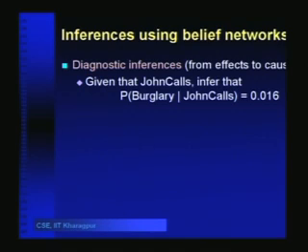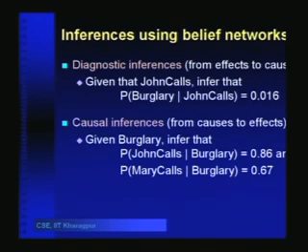For example, given John calls, the probability of burglary given John calls is 0.016. So this is from effects to causes. We can also have causal inferences, which are from causes to effects, like probability of John calls given burglary or probability of Mary calls given burglary.